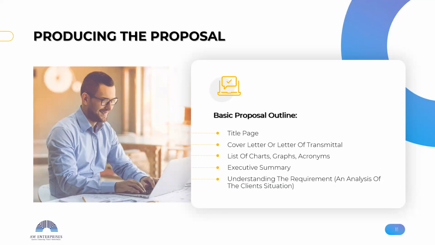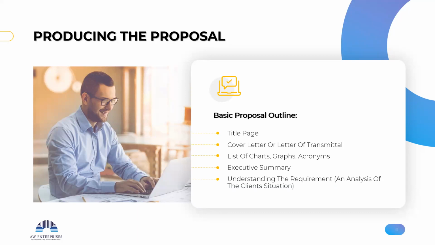And hopefully you've already had some insight into that agency that you're bidding for, what their mission is, what their vision is, what their goals are for the fiscal year that you're bidding in.